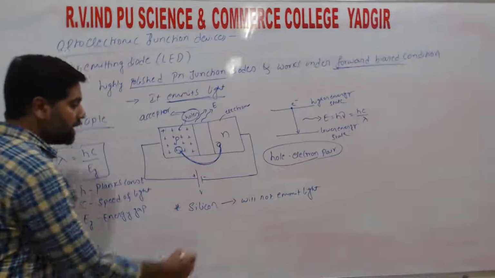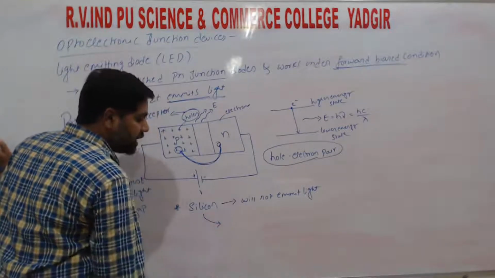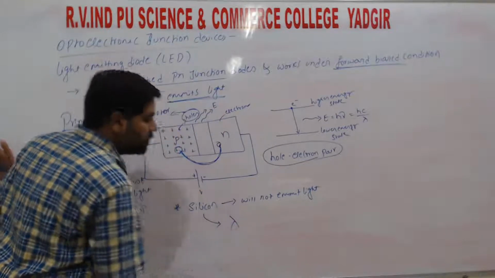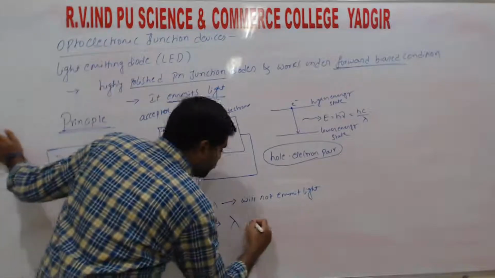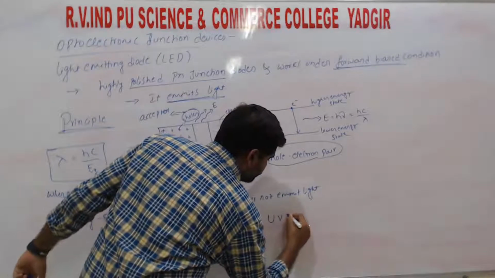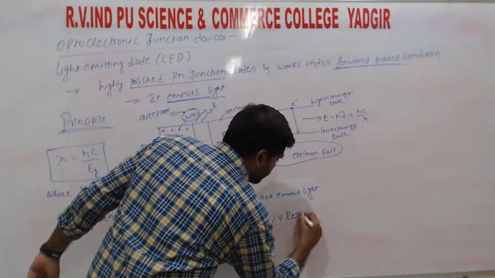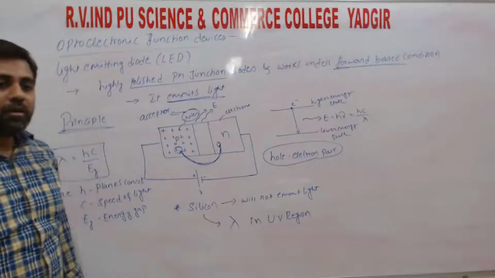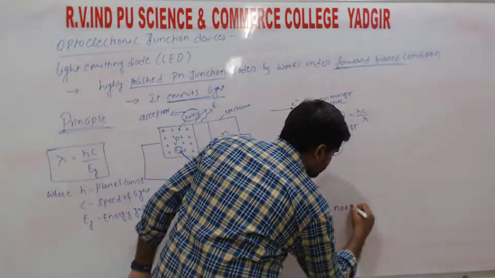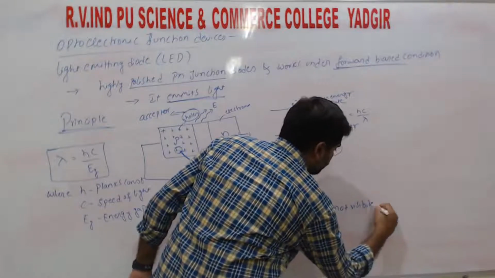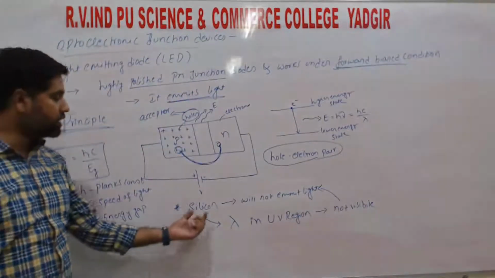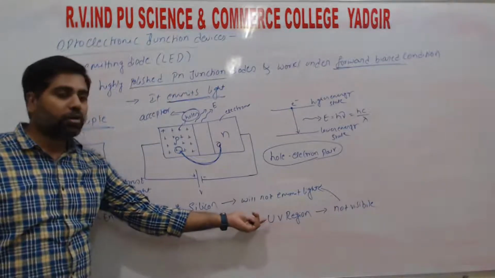The reason is that silicon emits radiation whose wavelength will be in the UV region.